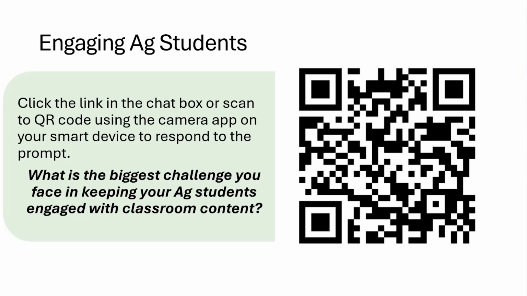So I'll give you just a moment to scan that QR code. The question is, what is the biggest challenge you face in keeping your ag students, or all students, engaged with classroom content? When you get there, type your response in the box, and then we're going to see what is the biggest challenge that we face.